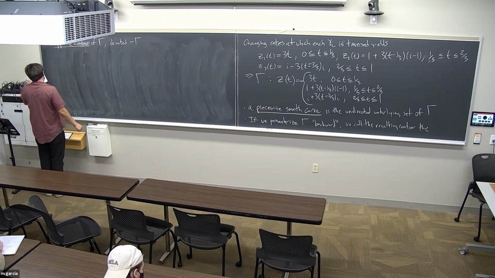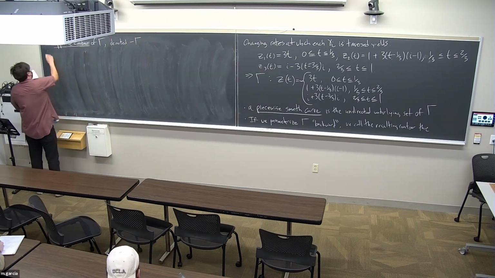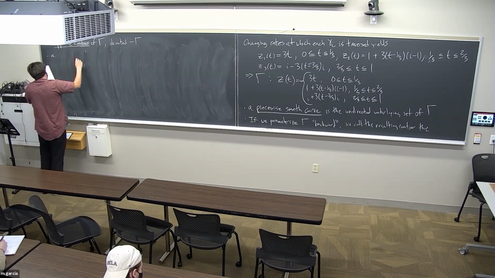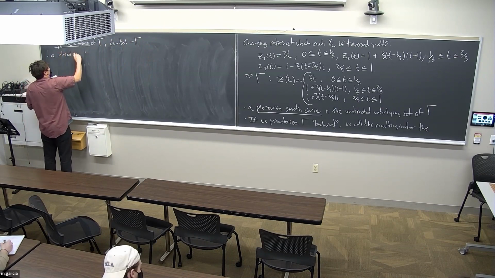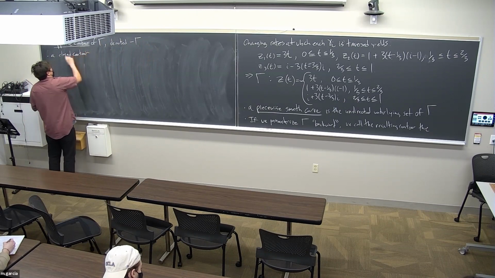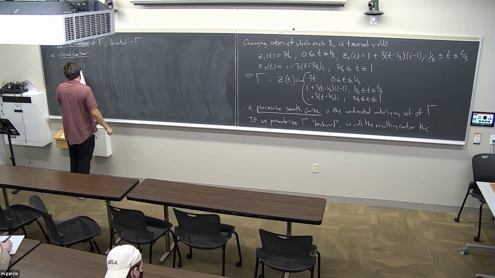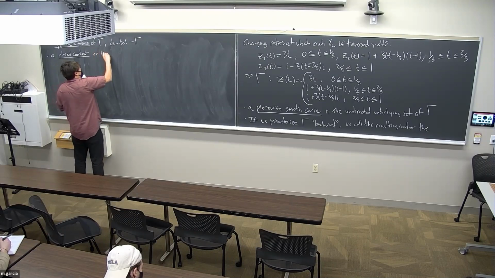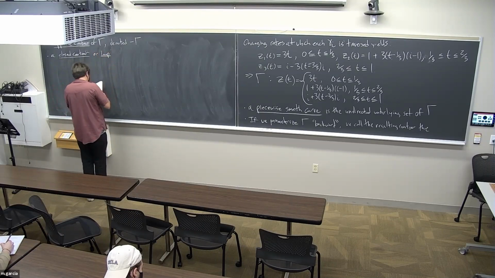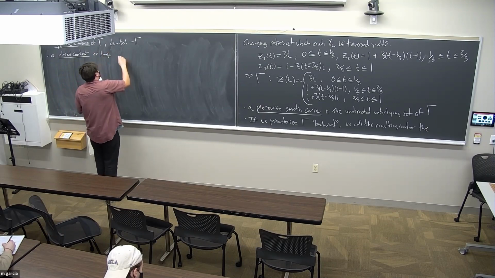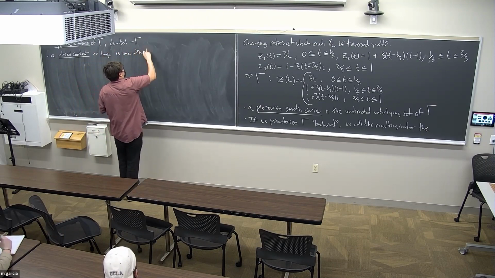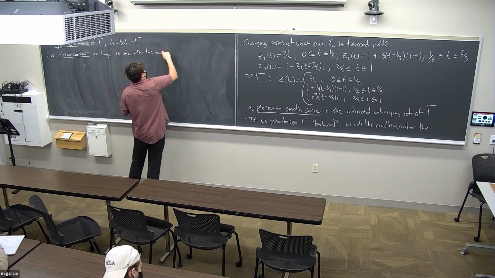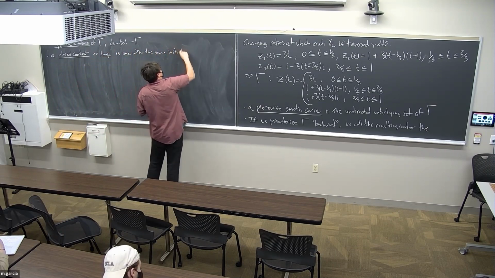Okay. Furthermore, a closed contour, I bet you can guess what this is, or loop, we'll sometimes use as terminology, is one with the same initial and terminal points.